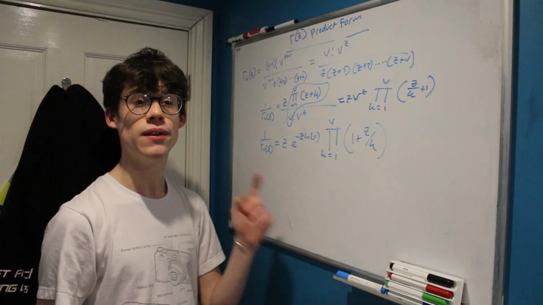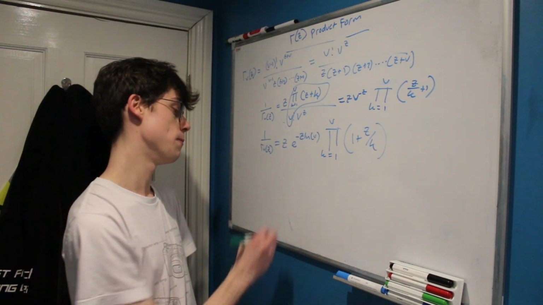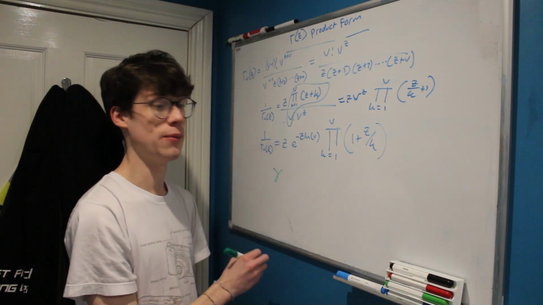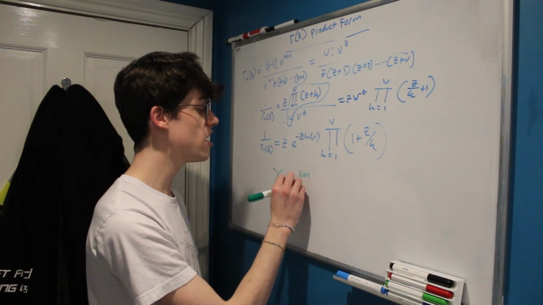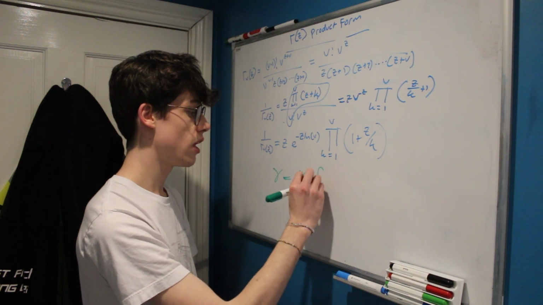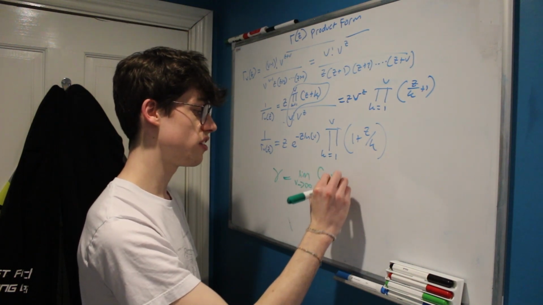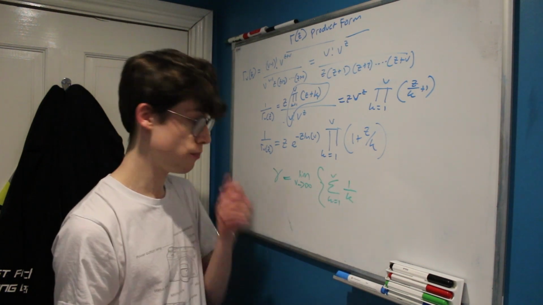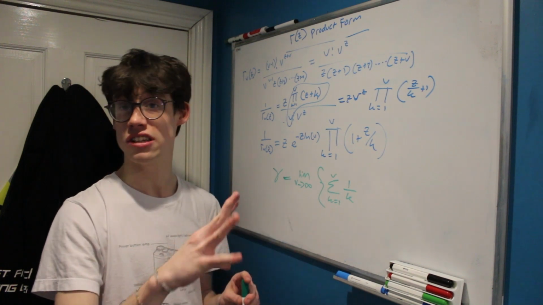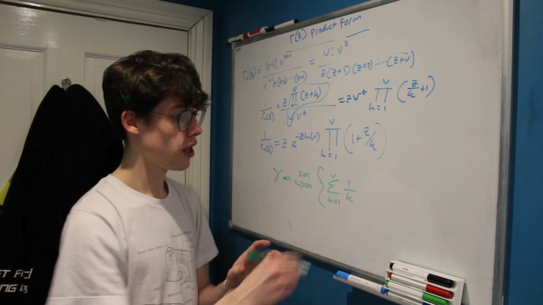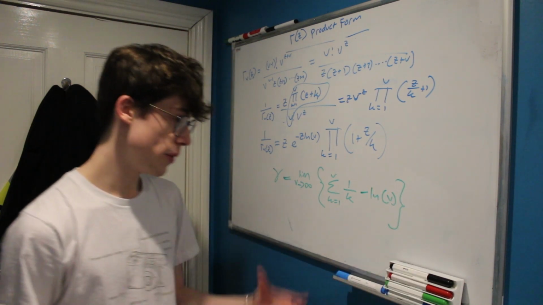And actually that lies in a constant which some of you may have seen before called the Euler-Mascheroni constant. It's denoted by little gamma, and it is the limiting difference, as v approaches infinity, of the harmonic series, which is just the sum of the reciprocals of all the integers, which does diverge, it blows up, minus the natural log of v, which also blows up.